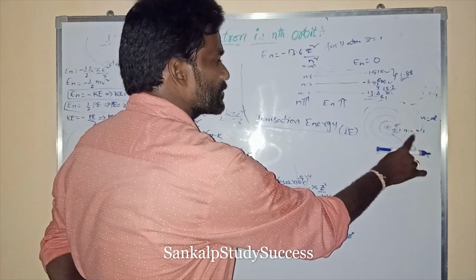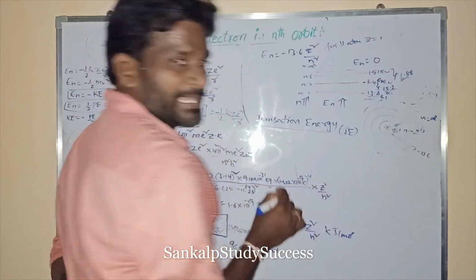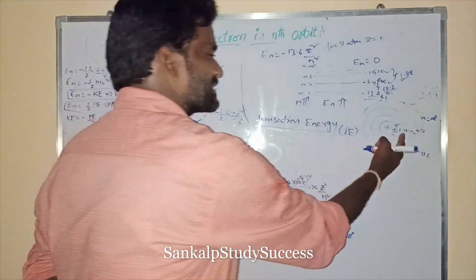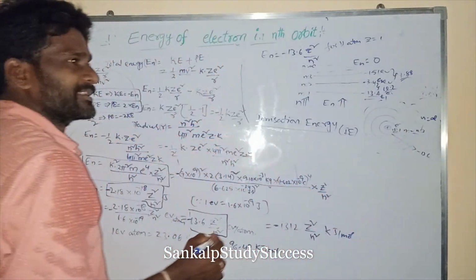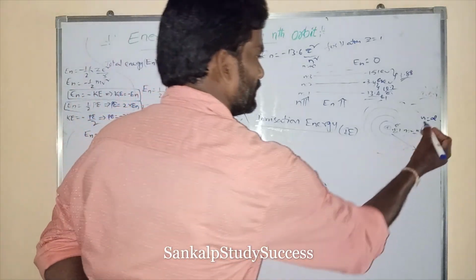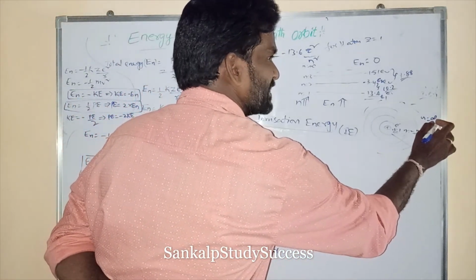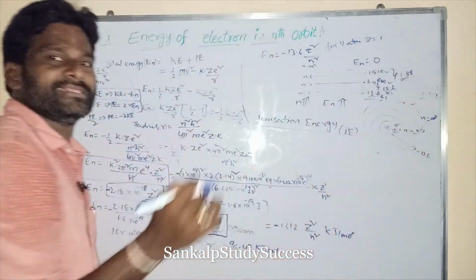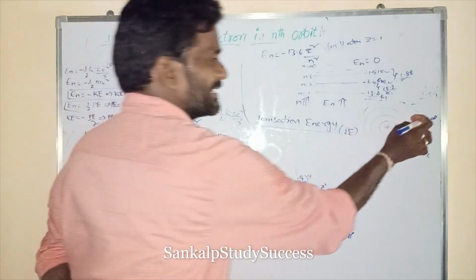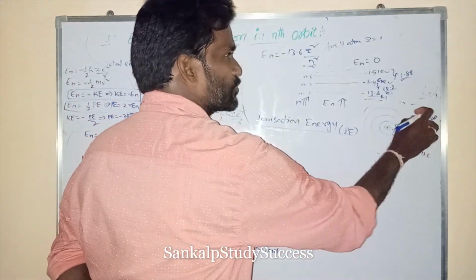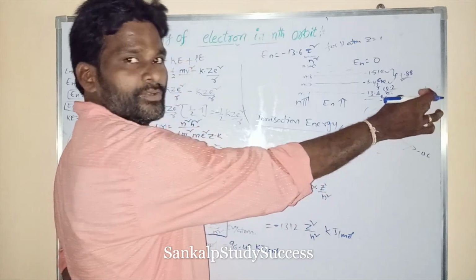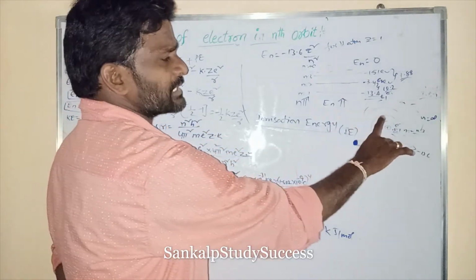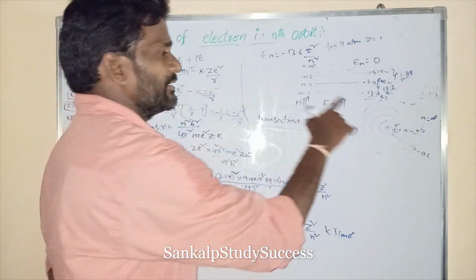That means here, when the electron is present in the infinity shell, also there is no force of attraction between the nucleus and the outer electron. After ionization energy also, there is no force of attraction between nucleus and electron.